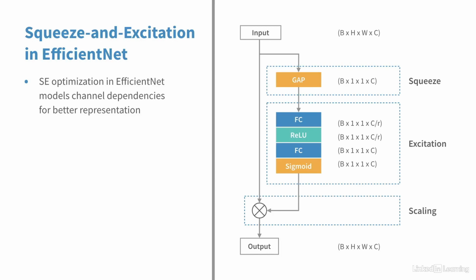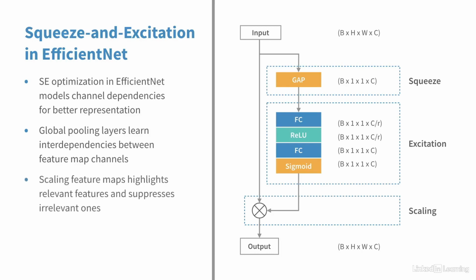This allows the network to highlight relevant features while suppressing irrelevant ones by scaling the channel-wise feature maps. The squeeze step involves reducing the filters of the feature map, and the excitation step uses a nonlinear function to rescale the features. This helps the model learn more discriminative features, reduces overfitting, and improves accuracy.